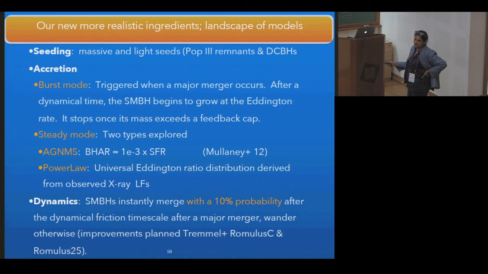So we draw from either of those. You start with a population of black holes at high redshift, do one seeding or the other, then you grow them with these 2 models. And then you have to make an assumption for the mergers, because mergers are a channel by which black holes grow, and as I showed yesterday about the probability, the dynamics is uncertain. You have to say something about it.